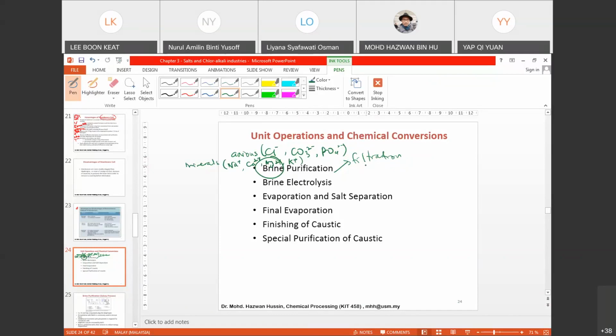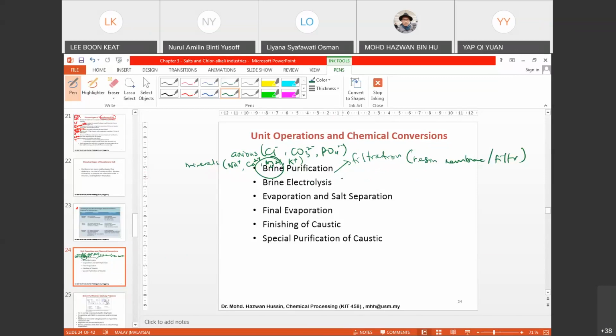Okay, using filtration, because if you use resin, membrane or filter, it can remove ions or minerals. At the same time, some filtration also has antimicrobial properties, meaning that in your brine solution you may have microbiological living organisms that you need to remove.